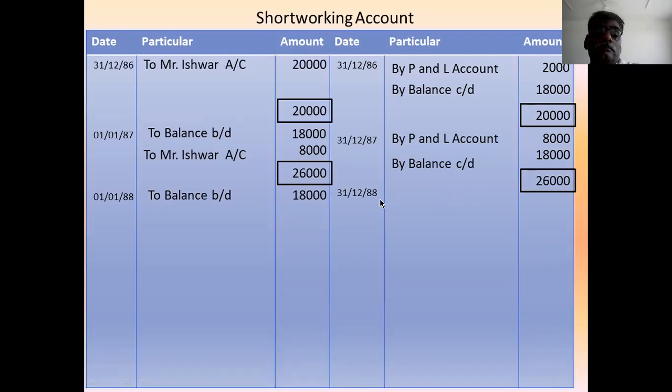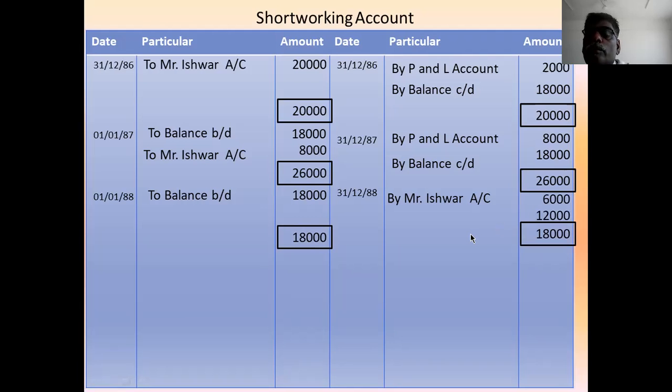And on the credit side there is an SWR amount, therefore by Mr. Ishwar account, SWR 6,000. Close the account and ascertain the balance; the balance is 12,000. To balance brought down 12,000.